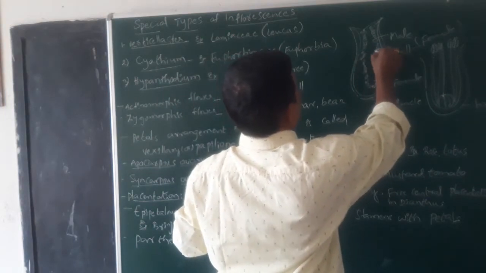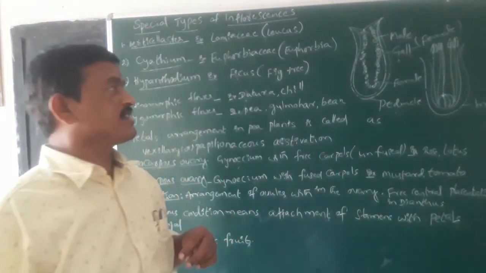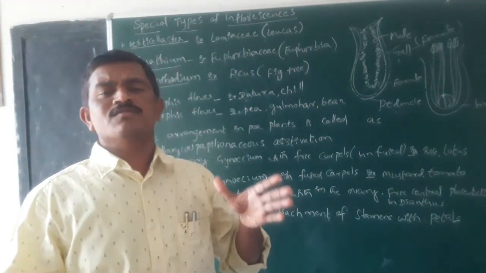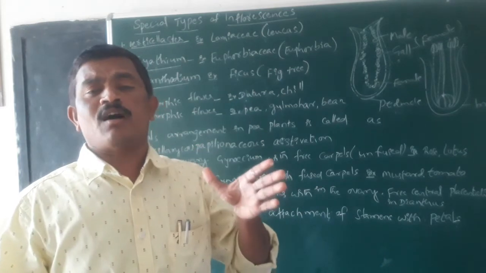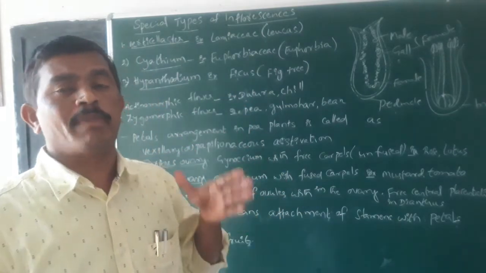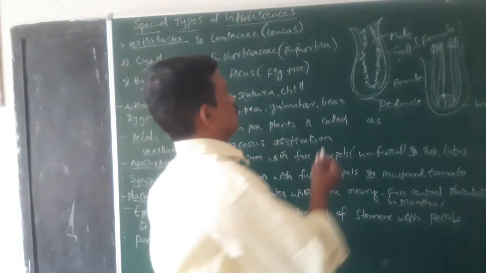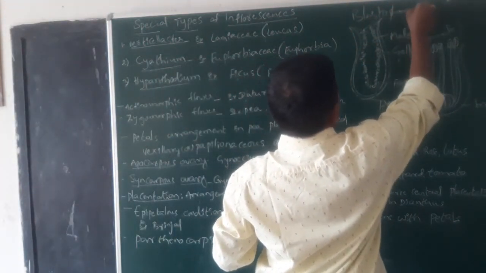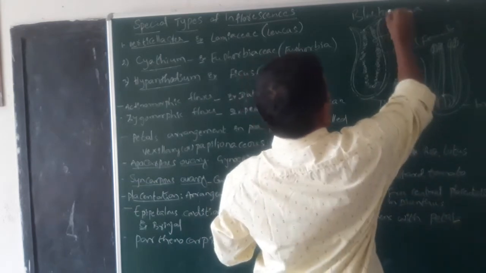Here the main function, or the use, of the gall flowers is that they allow for the laying of eggs of a particular insect called Blastophaga.